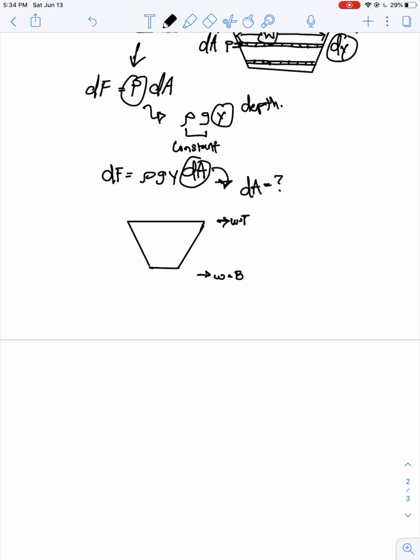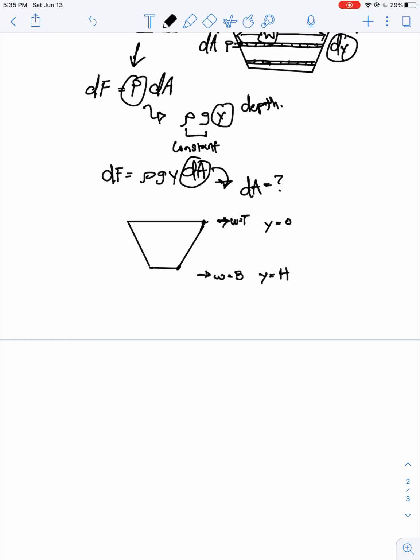Now, what about the height? Well, we can call here the depth, y, equals 0. We start off at 0, and we go all the way to h. Well, now we have 2 points. We have t at 0, and b at h.